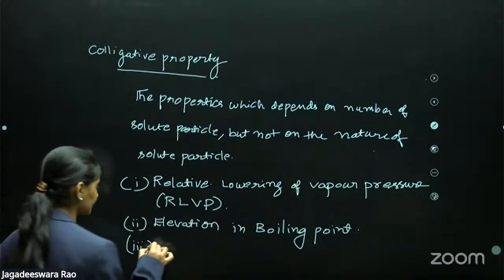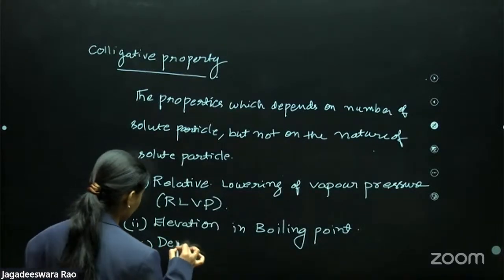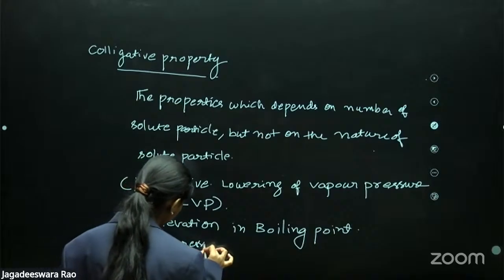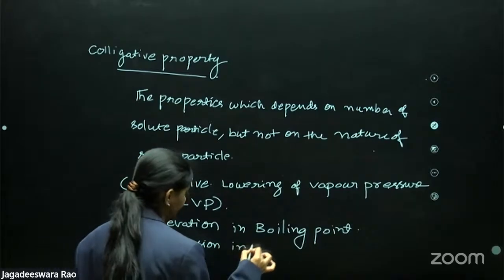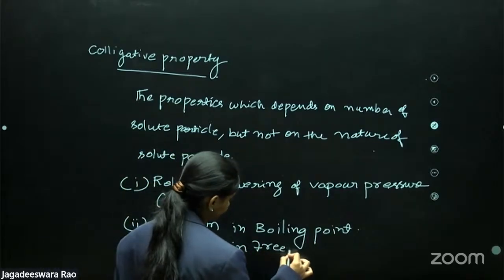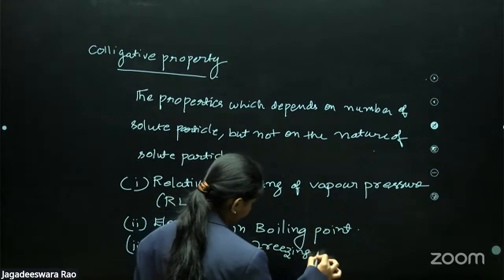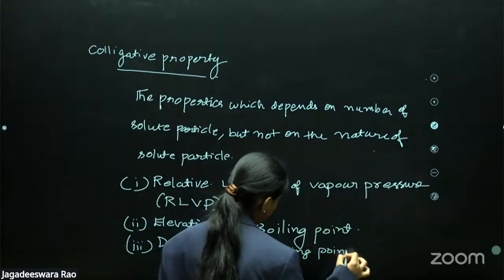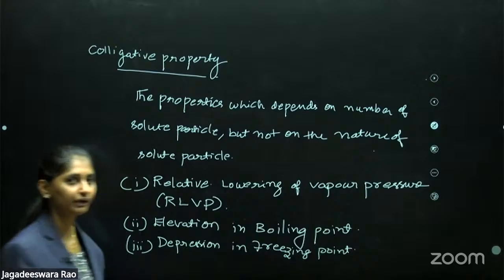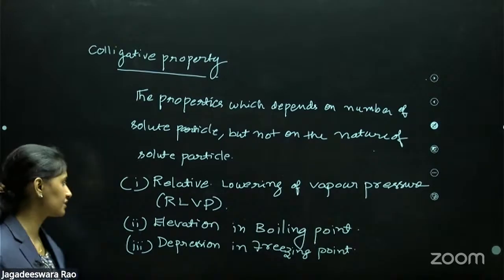Next one is depression in freezing point. Elevation in boiling point and depression in freezing point.